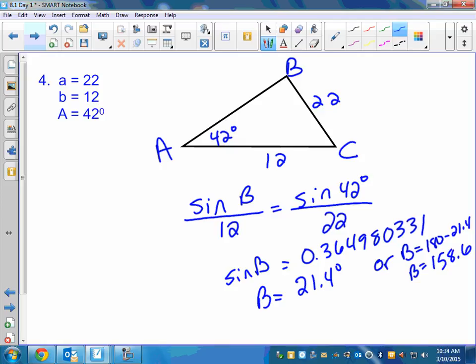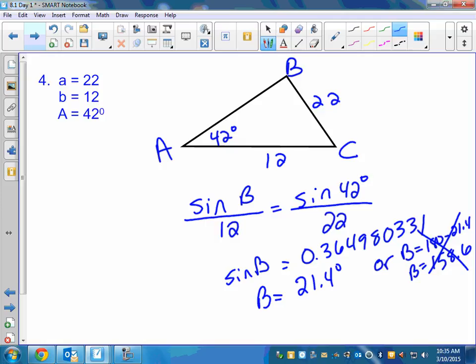Here's how you can have only one triangle. If you take 158.6 and add it to angle A, do you agree that already exceeds the angles allowed? You can only add up to 180 degrees. So 158 plus 42 is already bigger than the angles in a triangle can be. So this doesn't work.